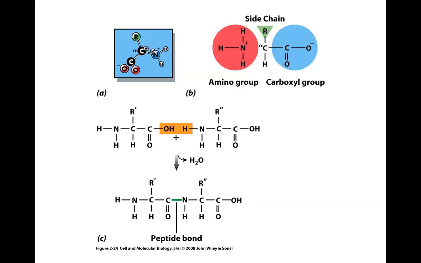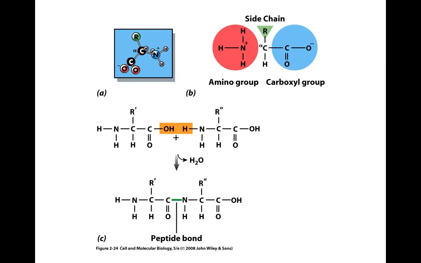So please remember to label it correctly, R and the N terminus and the C terminus, etc. So you have the OH of one amino acid, the hydrogen from the N terminus from the nitrogen of the next amino acid, giving us what is known as a peptide bond with the release of a molecule of water.